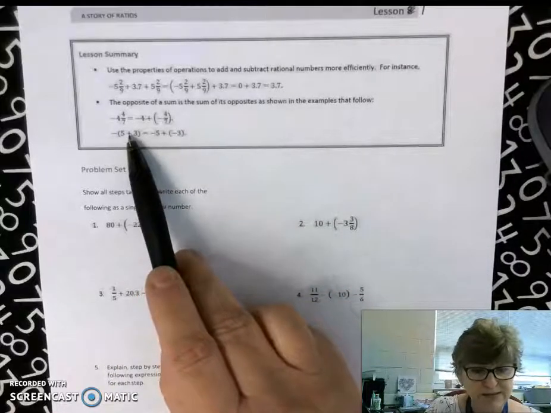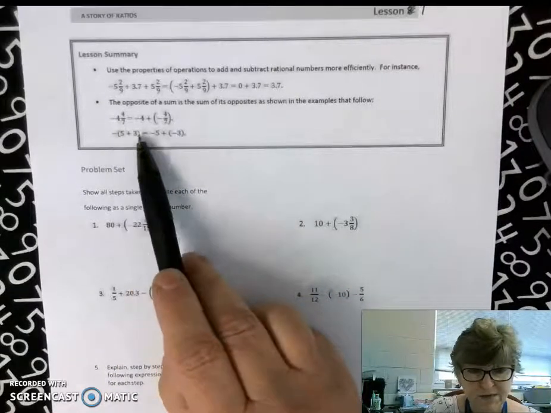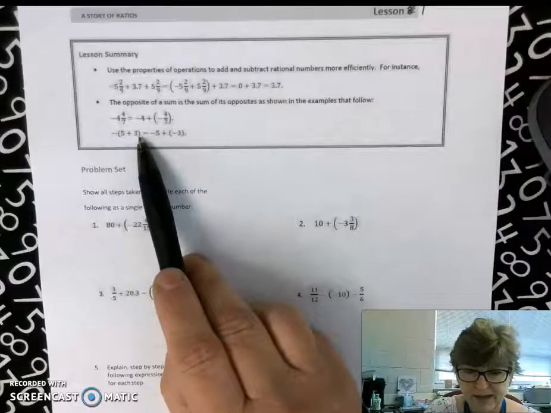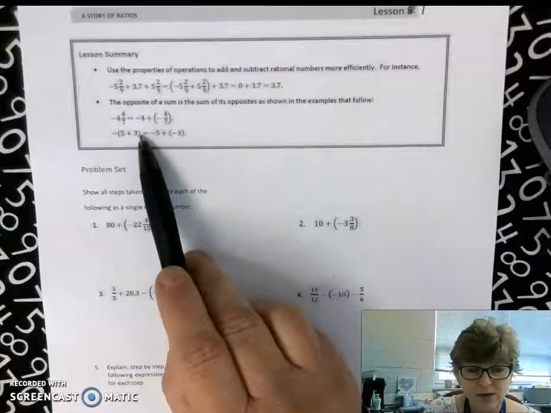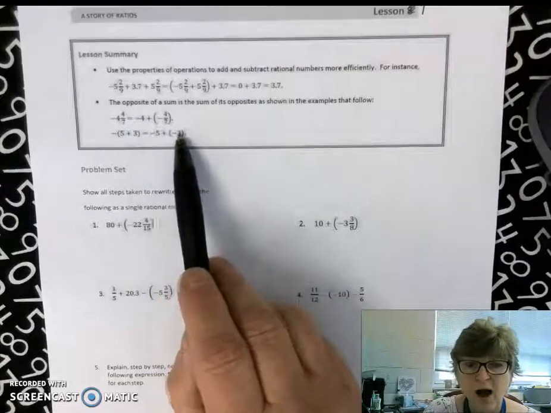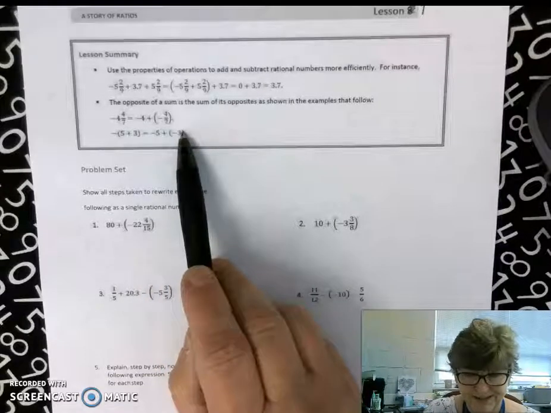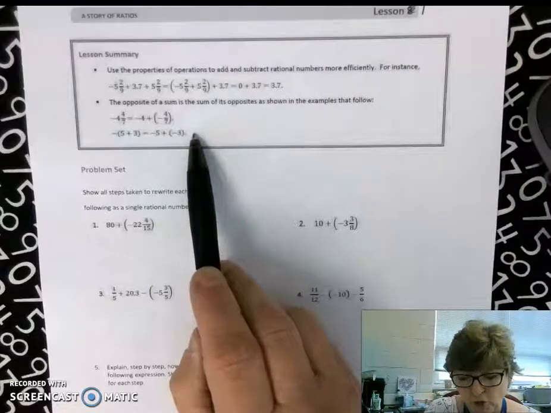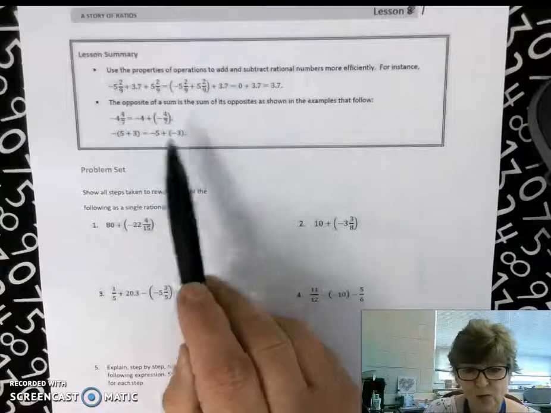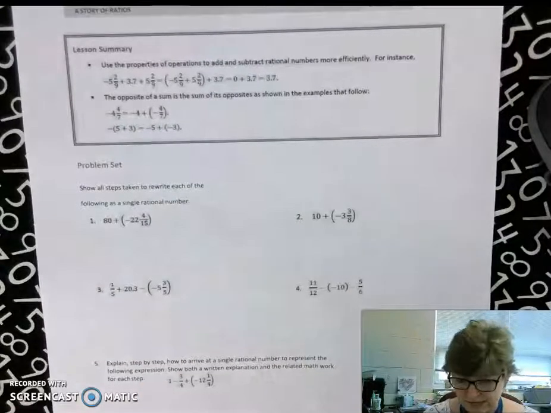Negative, parentheses, 5 plus 3, so the negative sum, read it like that, the negative sum equals the opposites. So there, you just spread it out. This makes it a little bit easier to see what that means.